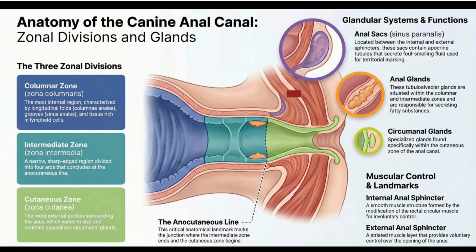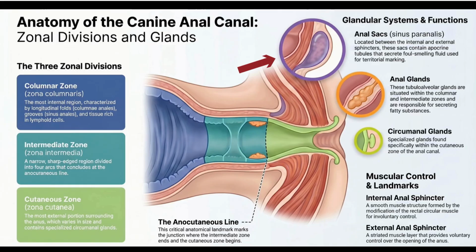Next, we're going to move on to the associated glandular structures. We have anal glands and anal sacs. The anal glands are tubular alveolar glands located within the columnar and intermediate zones. They secrete a fatty substance. Next, we're going to go to the anal sacs. The anal sacs are located between the internal and external sphincters.